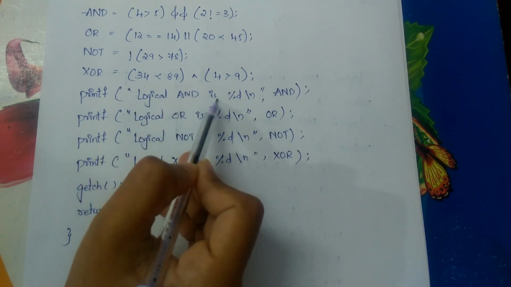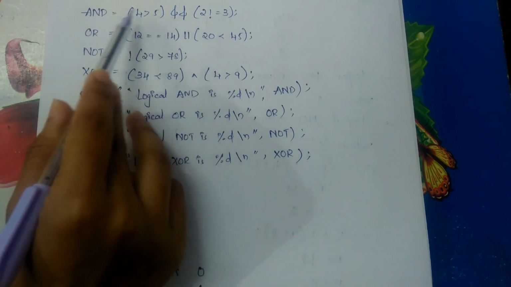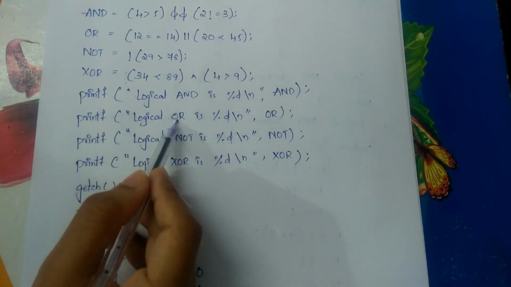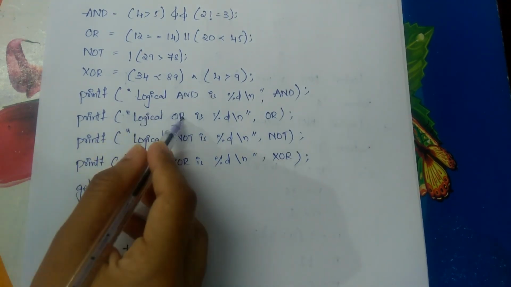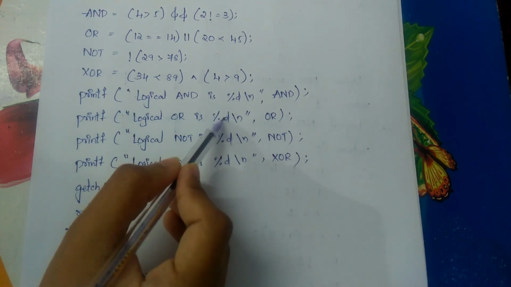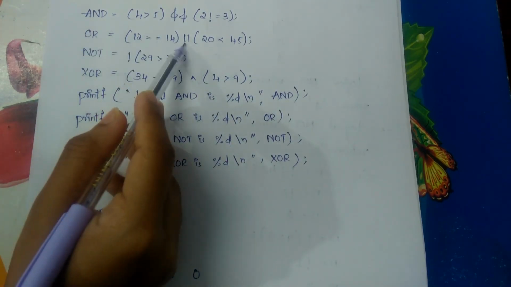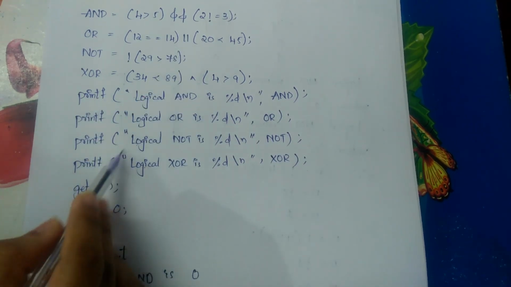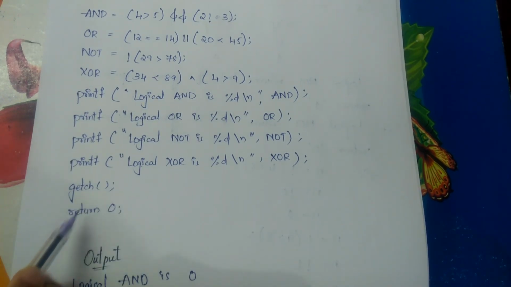So logical AND is printed based on the value we get. The same printf for the logical OR, then logical NOT and logical XOR. For logical OR, we have to take the %d for the or, because on or only we are performing the logical OR operator. Now after all these 4 statements, we have getch, then return 0, and close the block here.